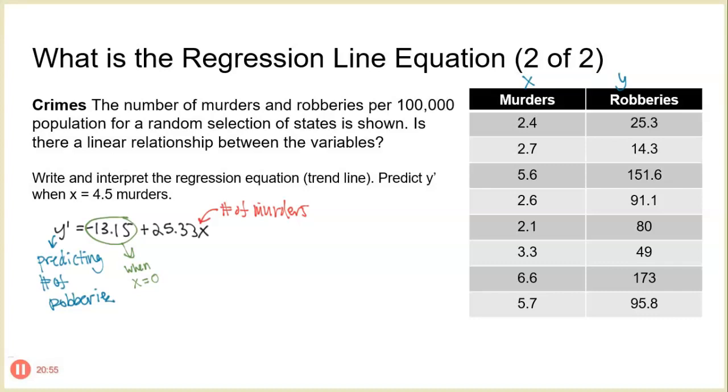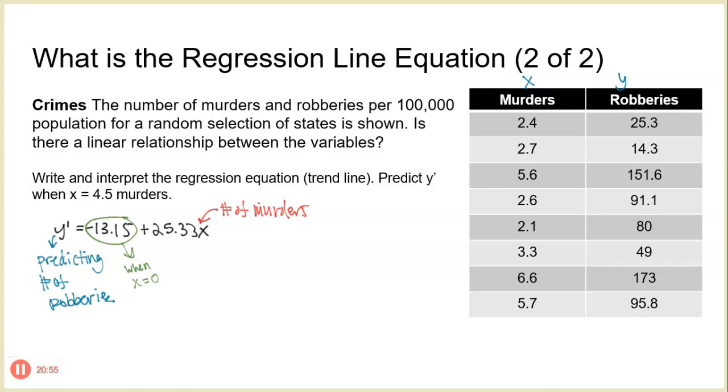Now the slope is something that we can interpret pretty easily because it's based on the average change in the data. In this case, we're looking at the number of murders and the number of robberies.